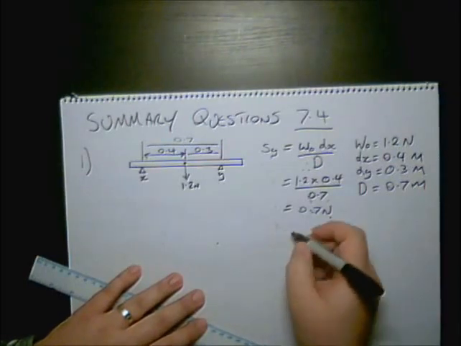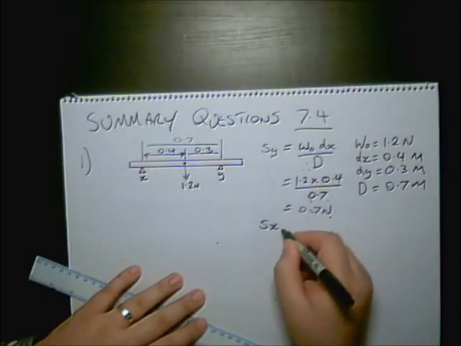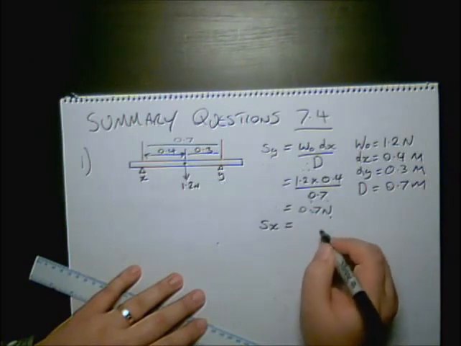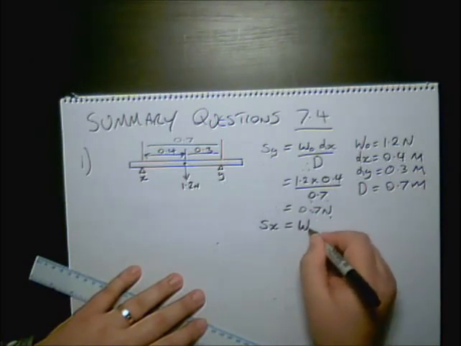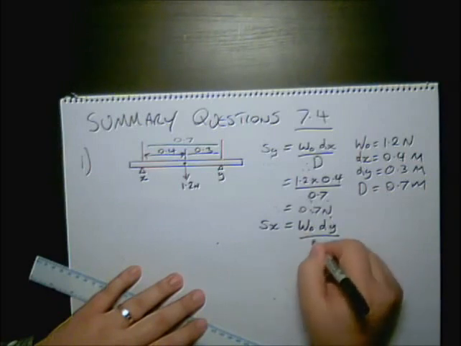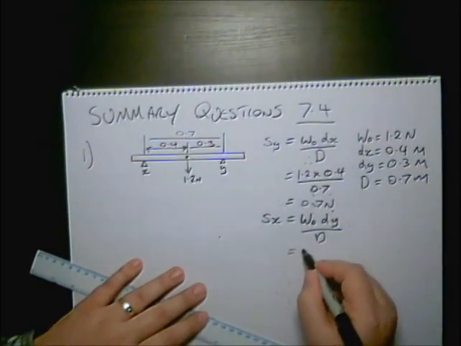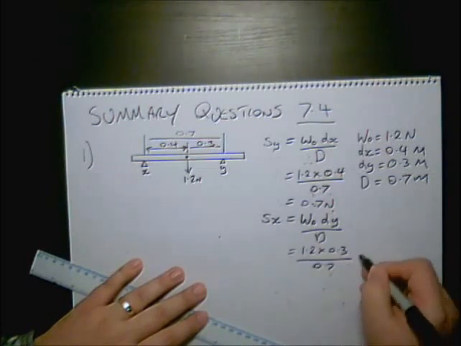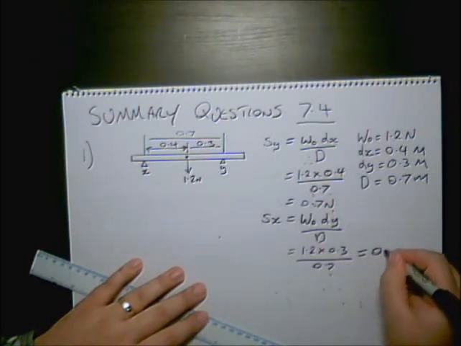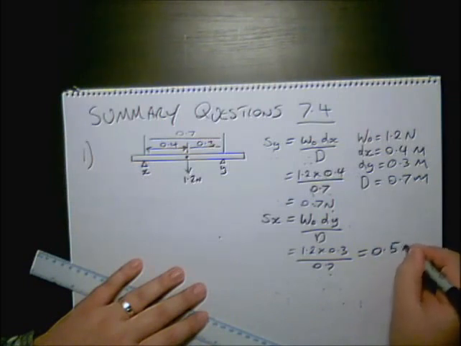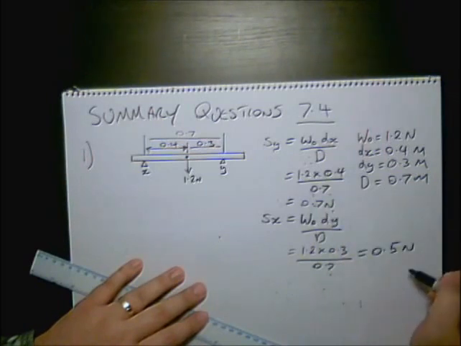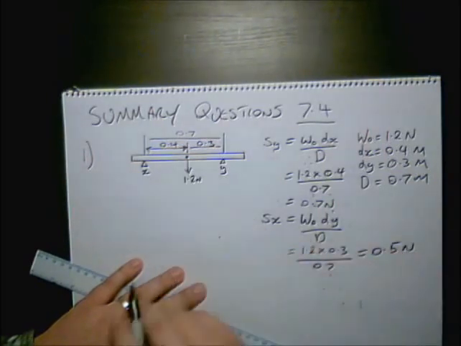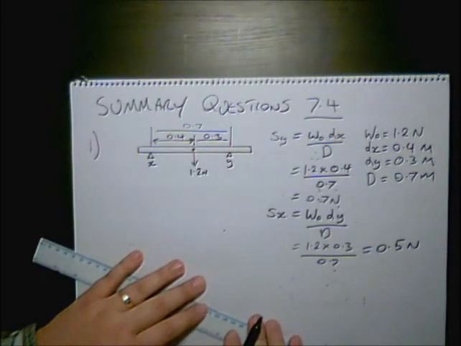And then we can do SX, which is equal to W0 dy over D, which in this case will be 1.2 times 0.3 over 0.7, which will equal 0.5 newtons. We can check that 0.7 added to 0.5 adds together to be 1.2, which is the weight of the ruler, so it's completely taken up by the support forces. That's question 1 answered.